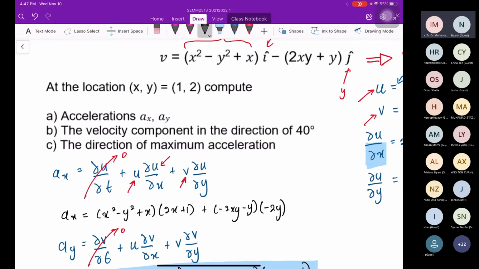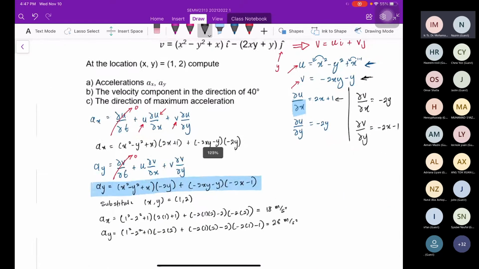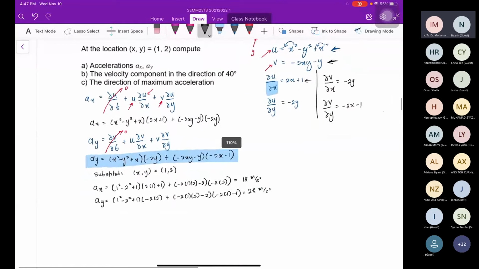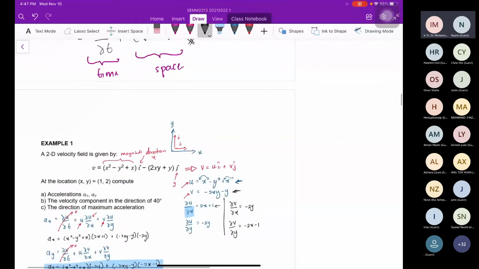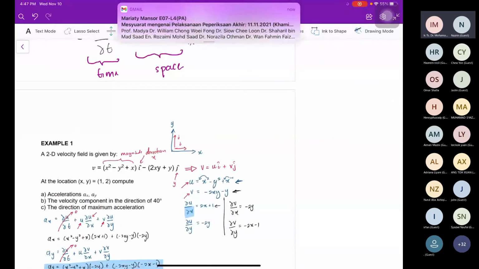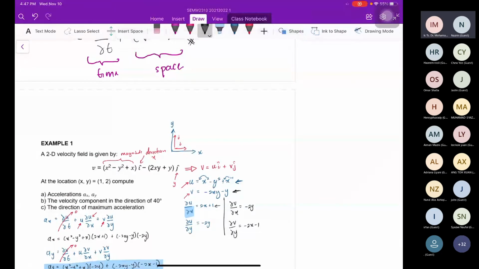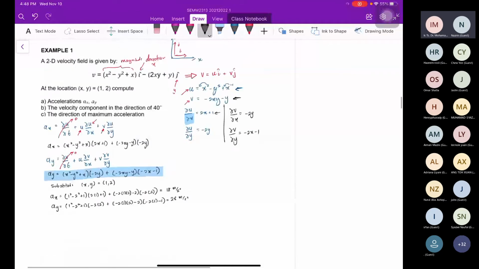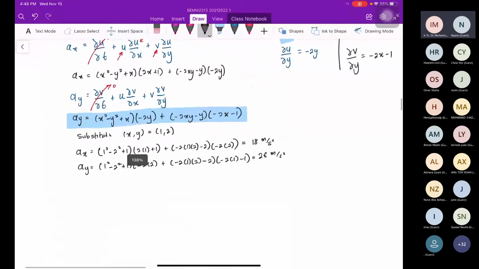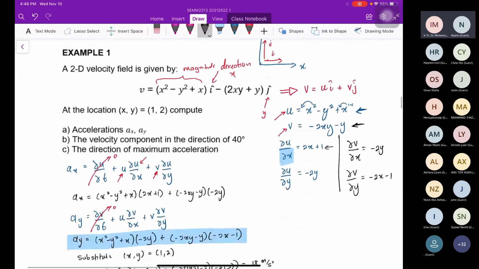Now question B, the velocity component in the direction of 40. This is more on the vector lah. Okay. So I want to get the velocity specifically in the direction of 40. How to do that? Okay, I want to get the direction of 40. So first we need to know the velocity component first. We need to find the velocity.